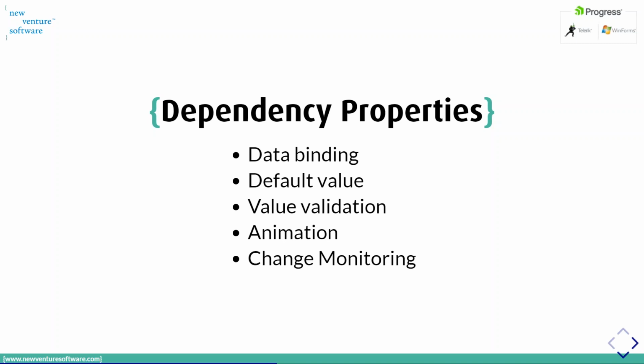So dependency properties are just properties that depend on the values of other inputs or user inputs. So unlike the standard common language runtime properties, dependency properties may get their input from multiple sources like themes, animation, data binding, or the parent-child relationship with other elements in the element tree.